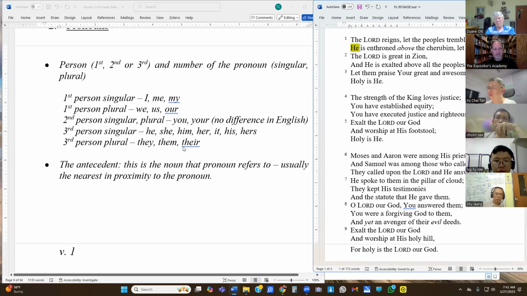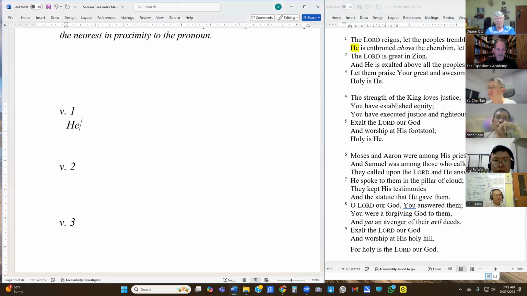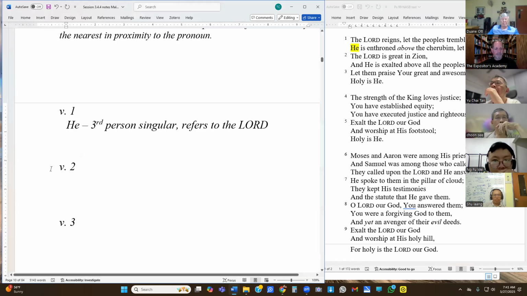So with that, let's just go verse by verse. I already did the first one here. So he, that's a third person singular pronoun, and it's referring to the Lord. Okay. So let's just keep going with that.